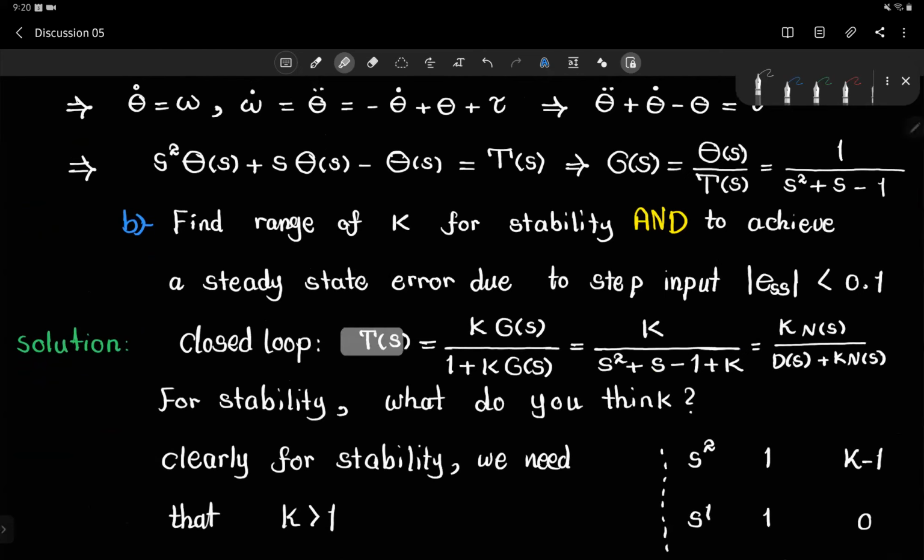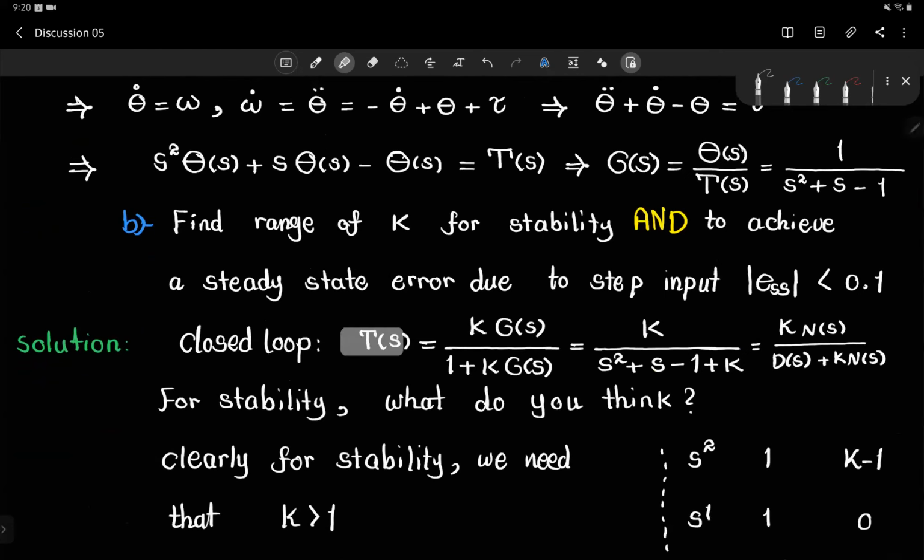divided by 1 plus k times G of s, right? Which is also equal to k times N of s divided by D of s plus k times N of s. And D of s is the denominator of the transfer function G, and N of s is its numerator, right? So if you do that, you get that it's going to be equal to k divided by s squared plus s minus 1 plus k.